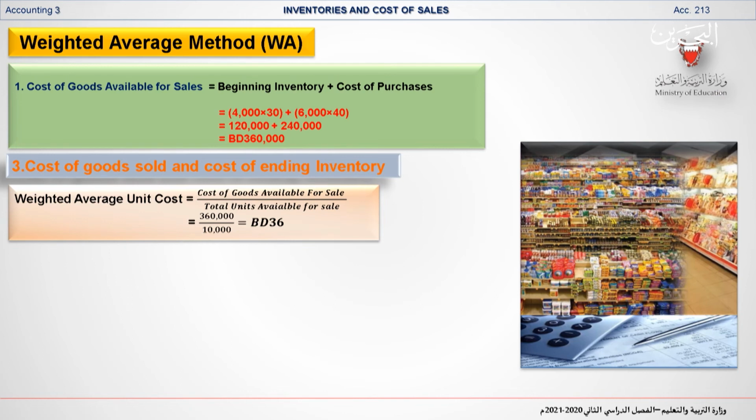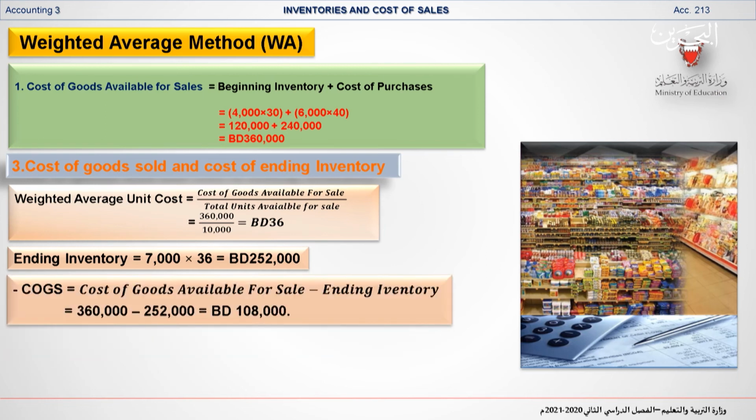To calculate the cost of ending inventory, you need to multiply the number of ending inventory units calculated in requirement 2 by the weighted average unit cost we have just calculated, that is 7,000 multiplied by 36, and the answer is 252,000 BD.